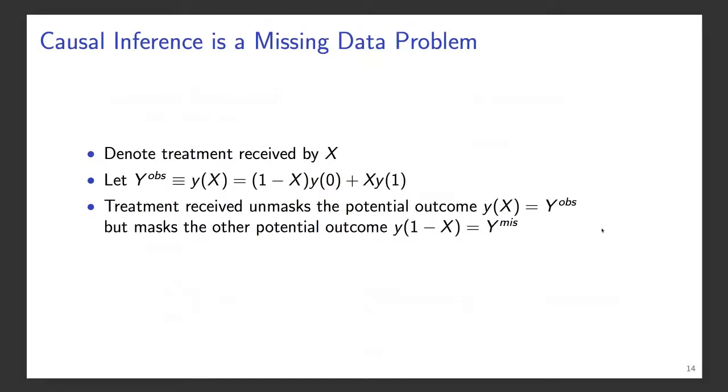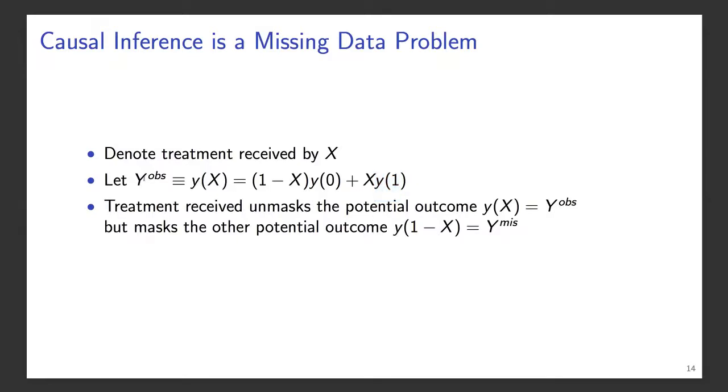We've got Y as the outcome. We'll use X to denote the treatment that individuals receive, and we'll let Y obs be the observed outcome. That is related to the potential outcomes by this expression, and all this says is that when an individual does not receive treatment, we observe Y0. When they receive treatment, we observe Y1.